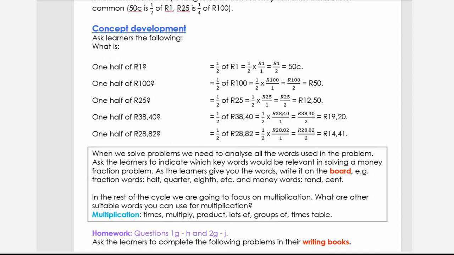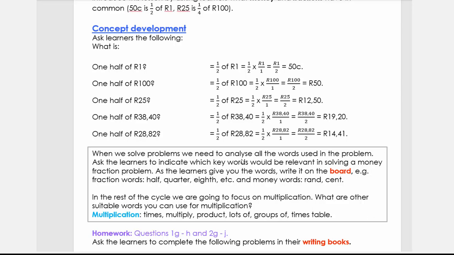When we solve problems, we need to analyze all the words used in the problem. So when we look at solving money fraction problems, we're going to look at words such as fraction, half of, quarter of, eighth of. Then we're going to look at money words that include rands and cents.